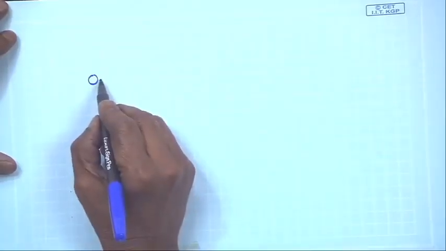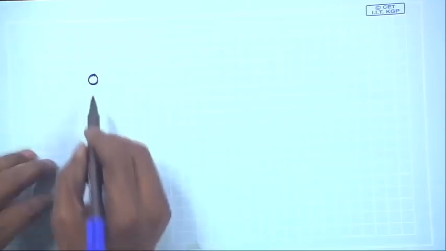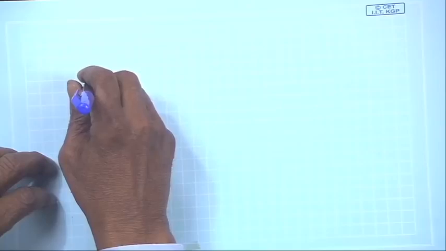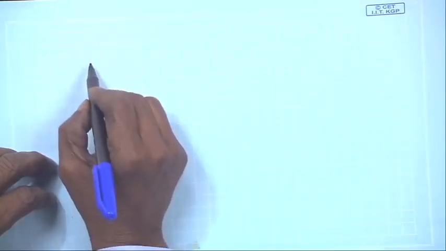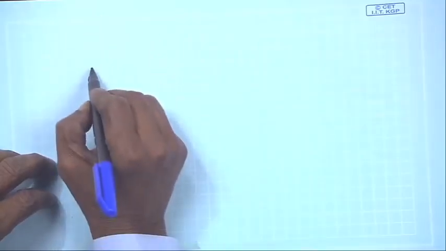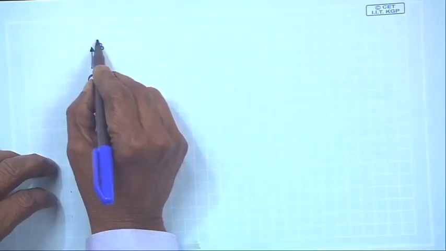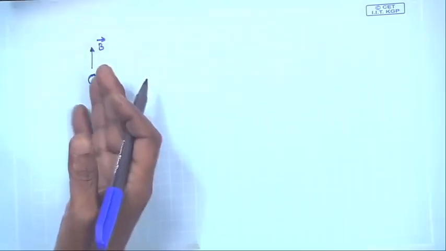So, this is the conductor, and this conductor is perpendicular to the paper, and there is a magnetic field B. This elaborate diagram I will now replace by this simple one.